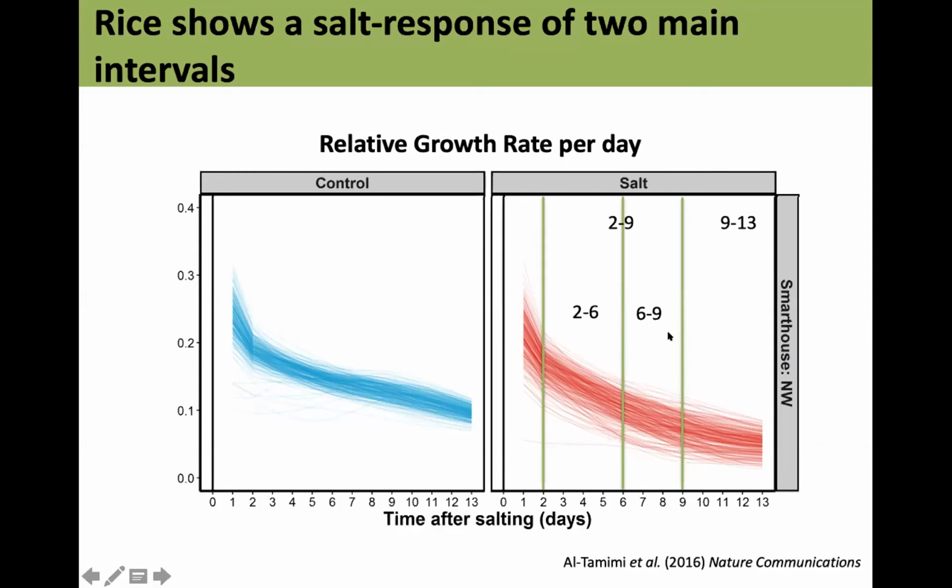And then 2 to 9, we further split as RGR declines less rapidly under saline conditions when compared to 6 to 9. And we also did this to relieve computational power for the GWAS analysis. So instead of doing a longitudinal daily analysis, we decided to also split them up into intervals.